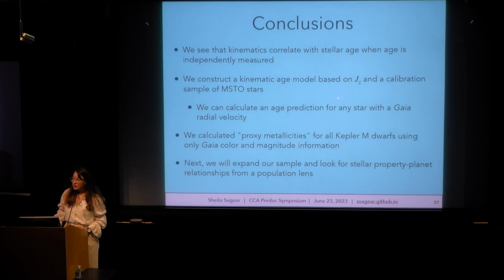Yeah, that's a really interesting question. I'm not gonna lie, I'm not super familiar with dark matter and how that might affect things like galactic dynamics. My background is in exoplanets, so I'm just breaking into this. But what I can say is that, depending on the scale to which dark matter might affect these large populations of stars, we have vertical actions, and we've calibrated our JZ age relation on so many stars.